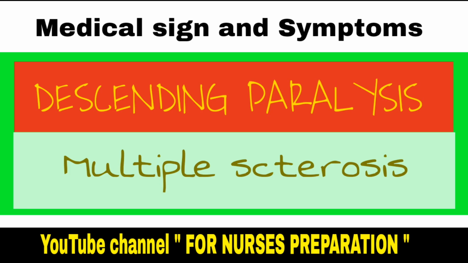Next, descending paralysis. Descending paralysis is the condition seen in multiple sclerosis, a disease in which the immune system eats away at the protective covering of the nerves. In multiple sclerosis, resulting nerve damage disrupts communication between the brain and the body.